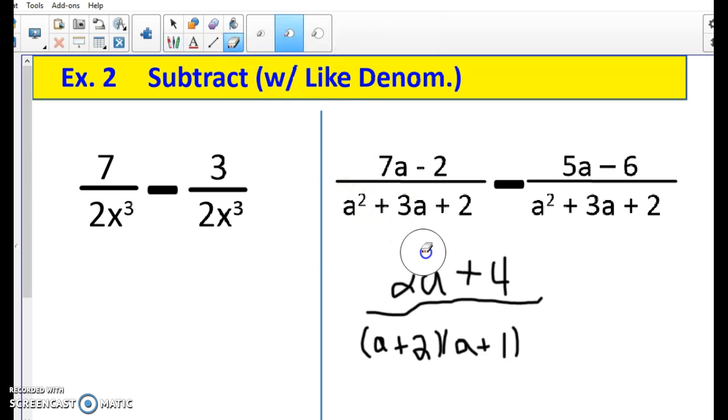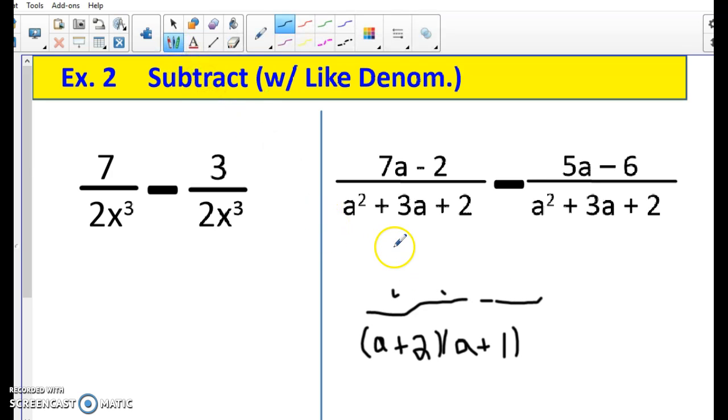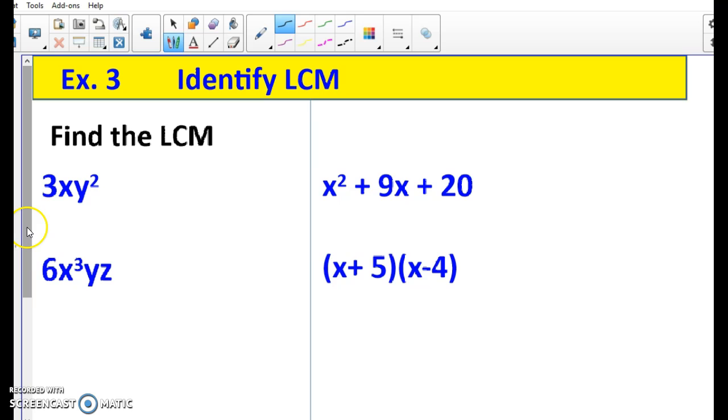So 2a plus 4 will get simplified to 2 times a plus 2. And we'll see I have an a plus 2 on top and an a plus 2 on bottom. So those will cancel, so I'm just left with 2 over a plus 1.